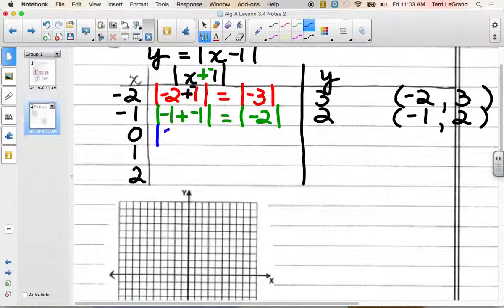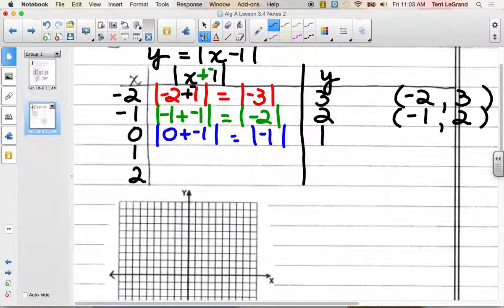Absolute value of 0 goes in for x. Add that -1. So what's inside our absolute value bar simplify to? -1. 0 plus -1, isn't that -1? Yes. Okay, and what is the absolute value of -1? Positive 1.